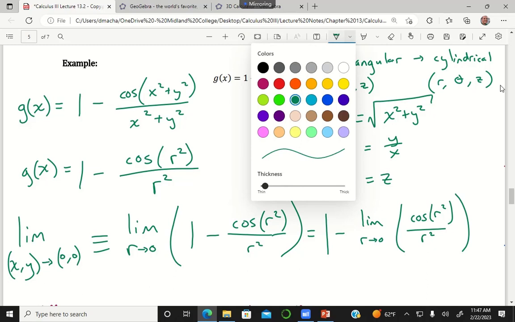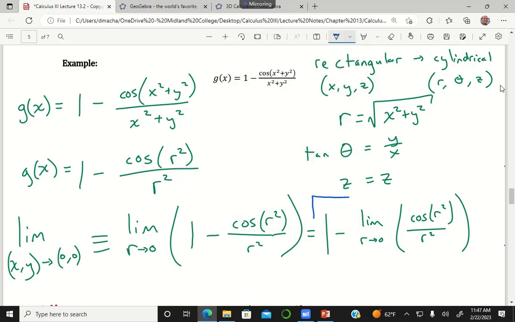Remember that r squared is always positive, so the cosine function is approaching an argument of 0 from the positive side, so we're approaching positive 1 in the numerator.